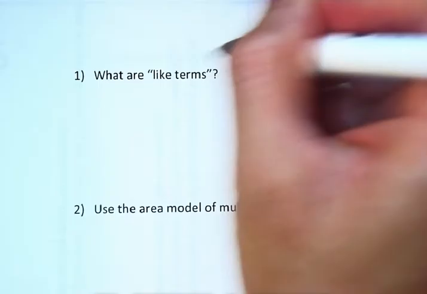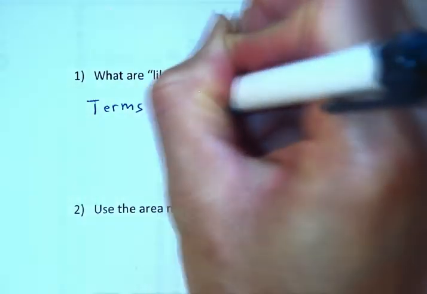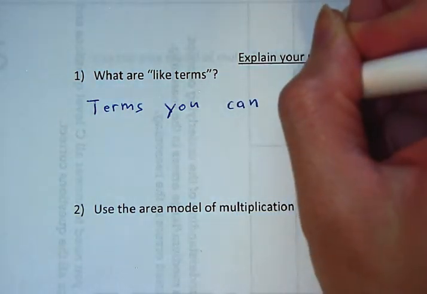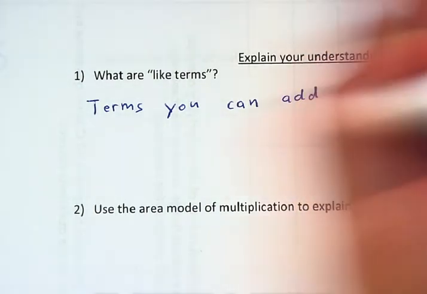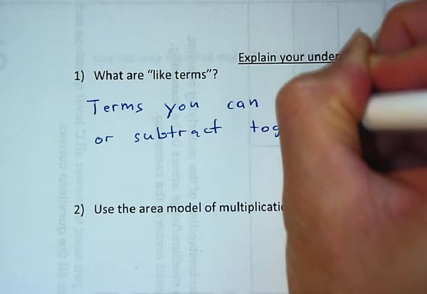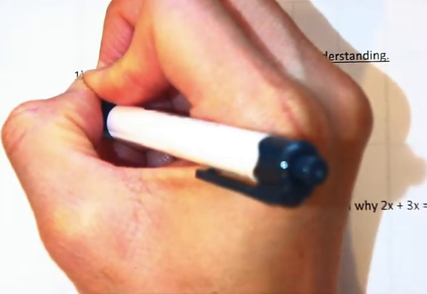One way you can define like terms is terms you can add or subtract together. So this is sort of my definition A.